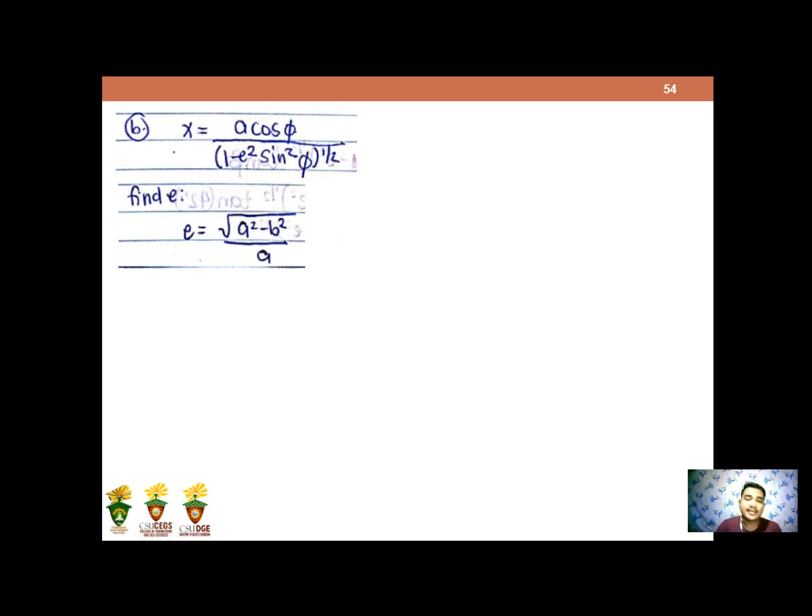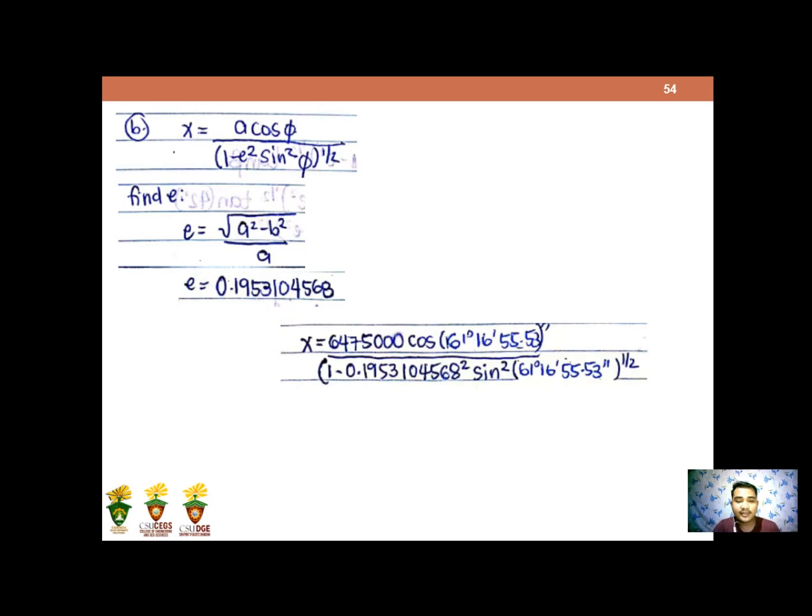Since what was given are a and b, and our formula involves eccentricity, we get the eccentricity using the semi-major and semi-minor axes. Eccentricity equals the square root of a squared minus b squared, over a. Substituting the values of a and b given earlier, we get the eccentricity to be 0.1953104568.